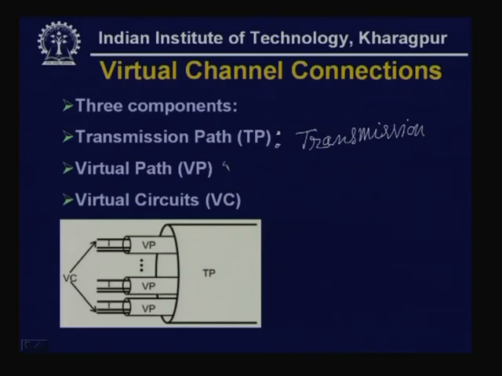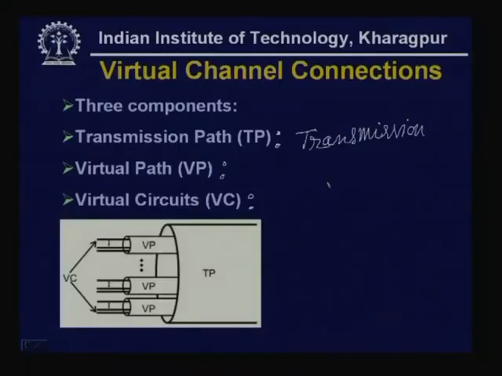The virtual path and virtual circuits are the two components with the help of which virtual connections are defined. Within each transmission path there are several virtual paths. For example, consider two cities connected by highways. All the highways refer to the virtual paths.